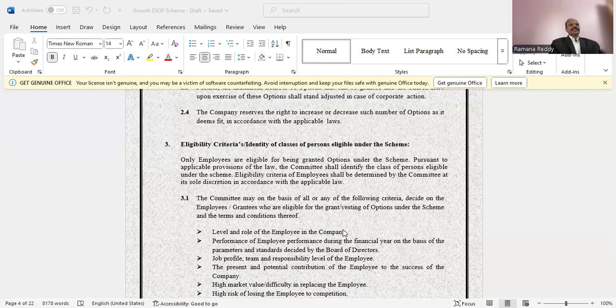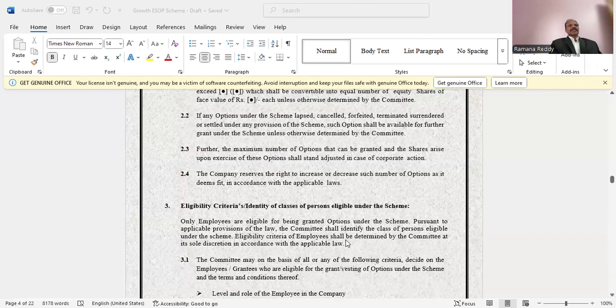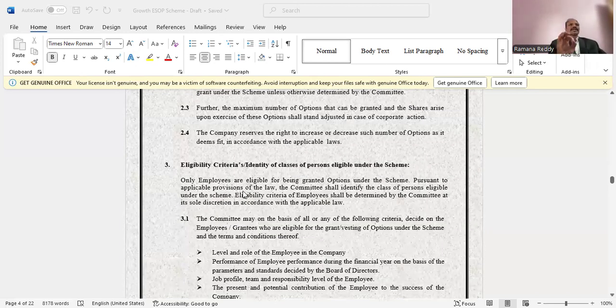The eligibility criteria. It identifies the class of persons eligible under the scheme. This will be decided by the nomination remuneration committee. Only employees are eligible for being granted options under the scheme pursuant to applicable provisions of the law, and the committee shall identify the class of persons eligible under the scheme.